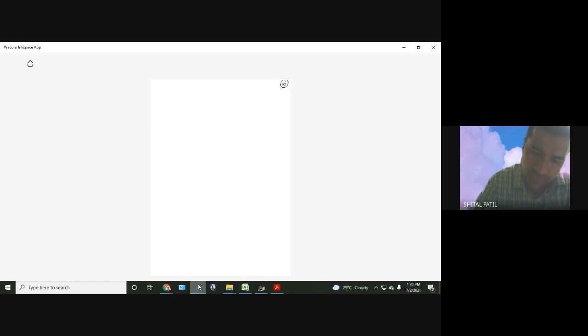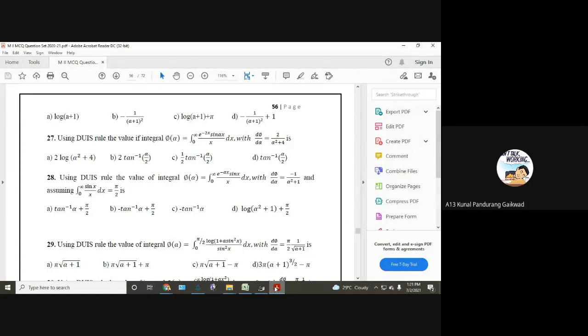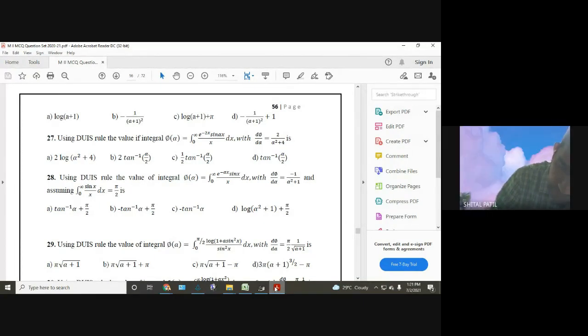So see what the given integral is. Given integral: e raised to minus 2x.